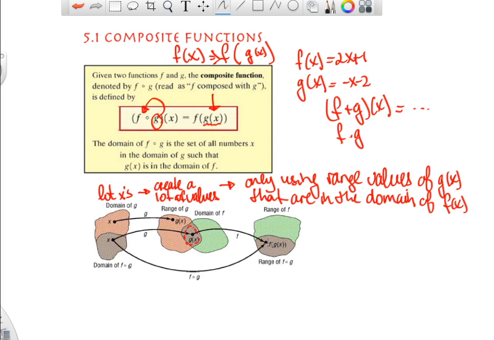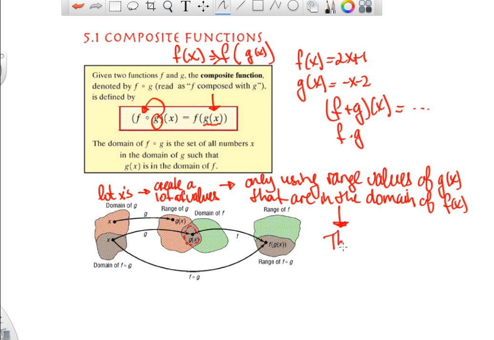And so those values then end up creating a range for the function, and that may or may not be identical to the range of f. It doesn't have to be, sometimes it is, but it's going to create a set of numbers that are the range of f of g.